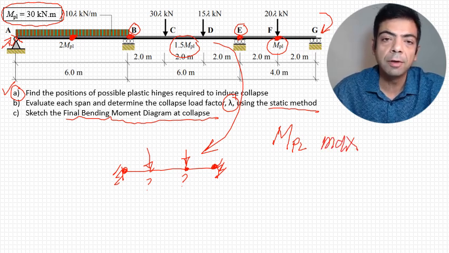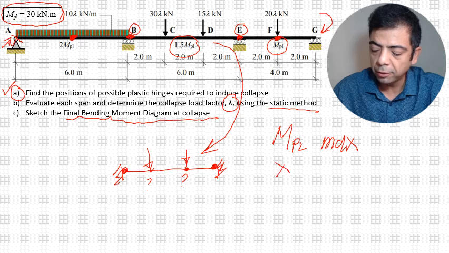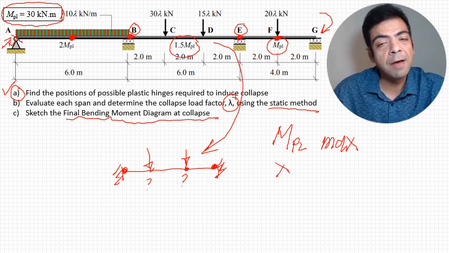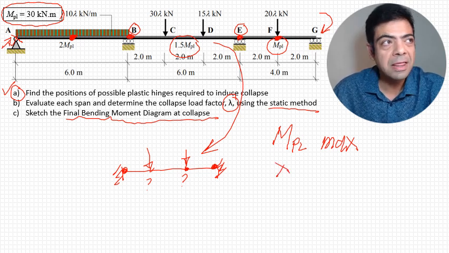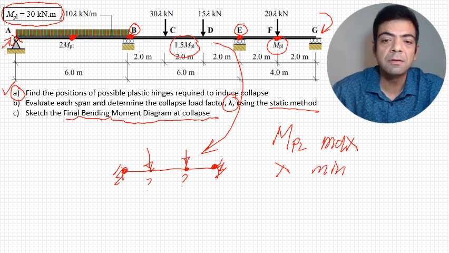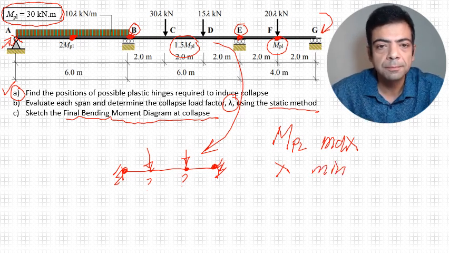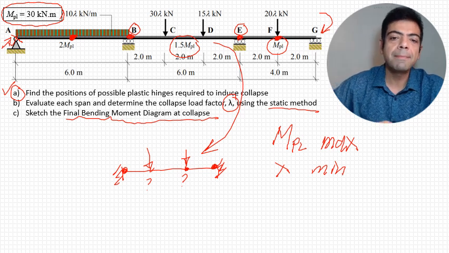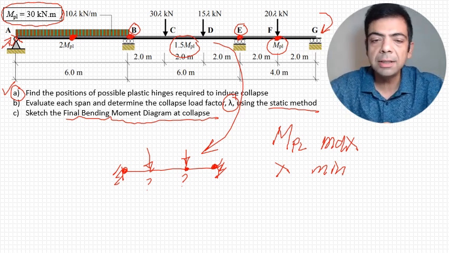If we are solving for the load factor lambda, we evaluate all the spans and then we use the minimum, the smallest load factor.